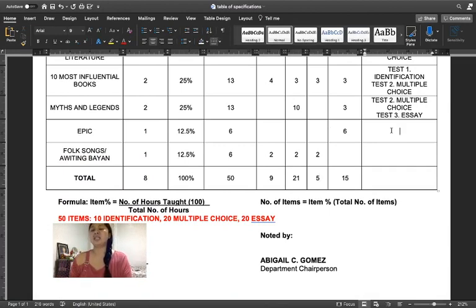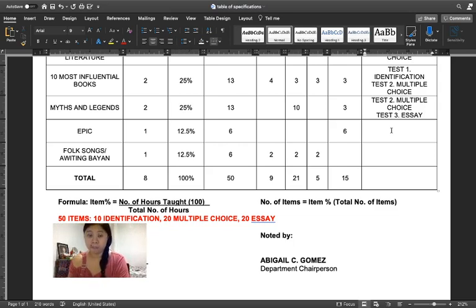Ma'am, is there an instance where it doesn't match? I mean, I prepared my blueprint, but in the long run, while I was doing the examination, it no longer matched the item placement. If you're just going to ask about the item placement, it's okay.